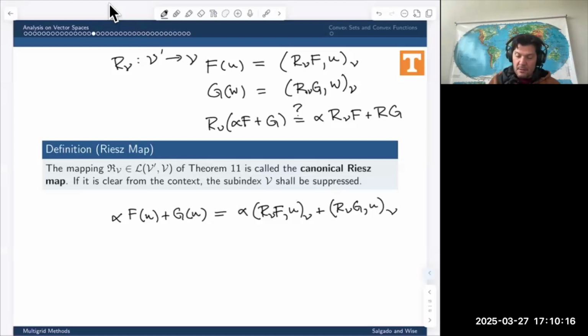But now I know that this object here is an inner product. It's linear in both its first and second inputs. And so I can write this as alpha R_v f plus R_v g against u, v.